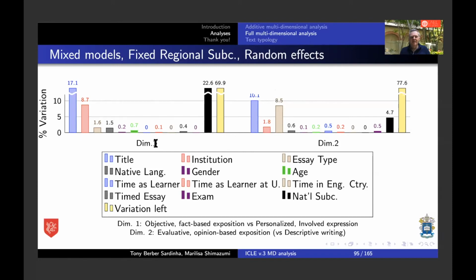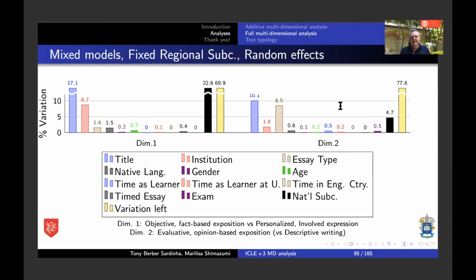When the students are writing, they're choosing whether to write in a more objective or a more personalized, subjective way, and that is influenced in different ways. So topic and the school system where they're at will influence this dimension more than whether they will write in a more evaluative, appraisal way.